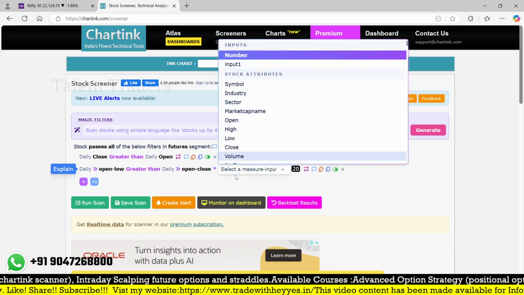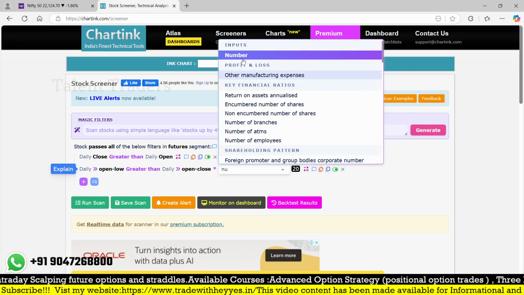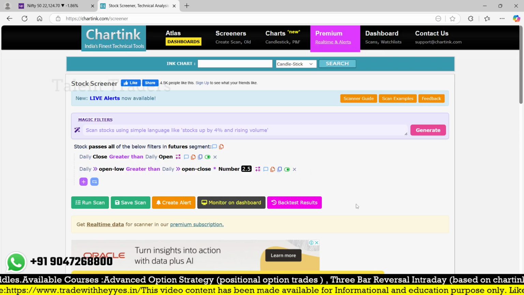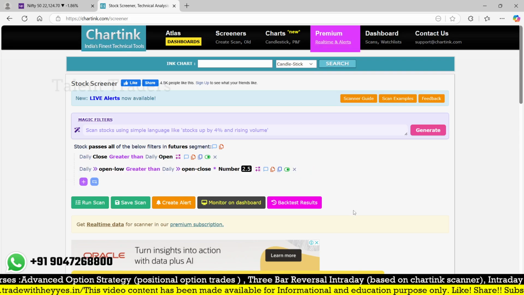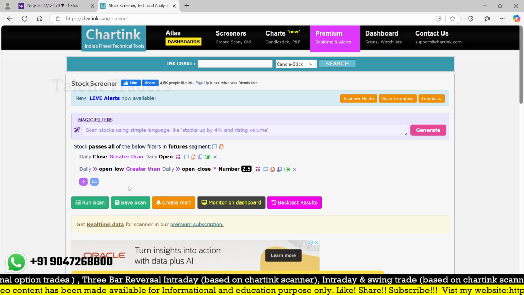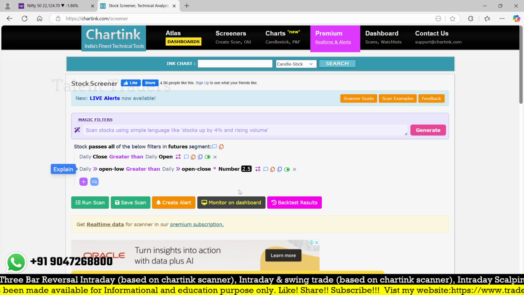So we should create a custom one to find such multiple comparisons. That is 2.5 times open minus low compared with open minus close, where close is always greater. This is how we fetch the lower wick.